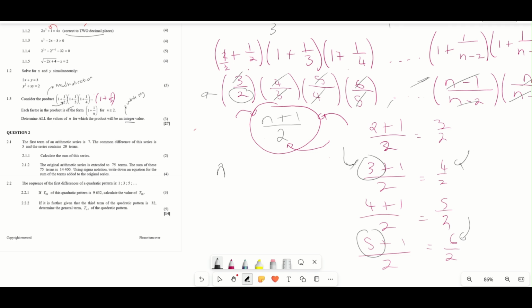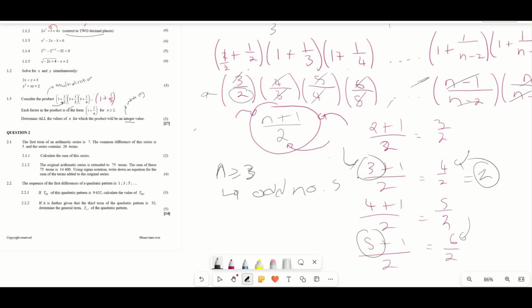So n is greater than or equal to 3, because 3 will give me a whole number, 2, right? But this applies only for odd numbers.